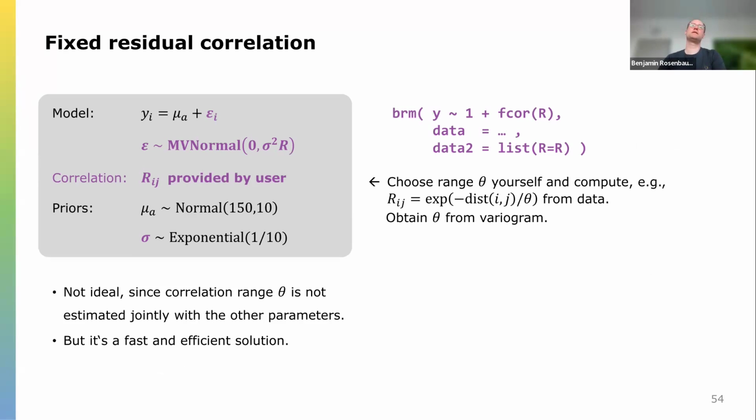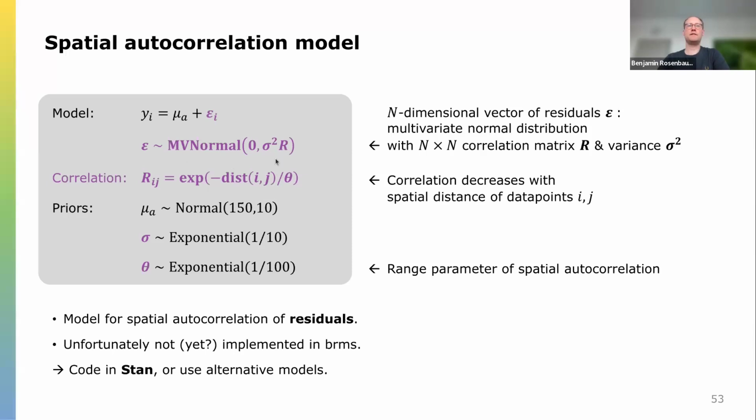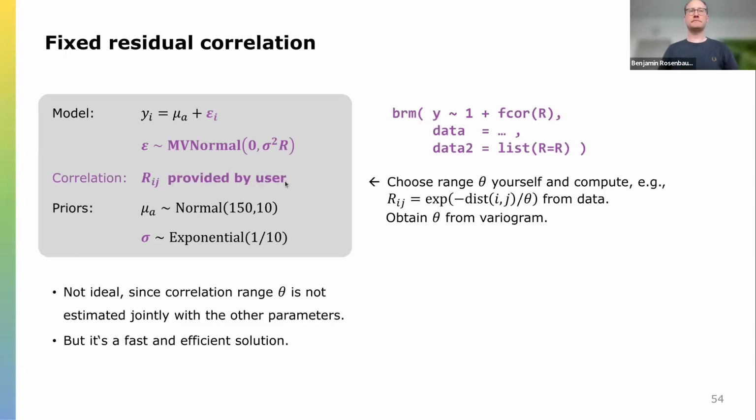Another quick solution is not to have this being estimated in the model fitting process. Here, this is depending on some parameter theta, which is estimated as well. You can instead, in BRMS, hand over the correlation matrix by calculating it beforehand.